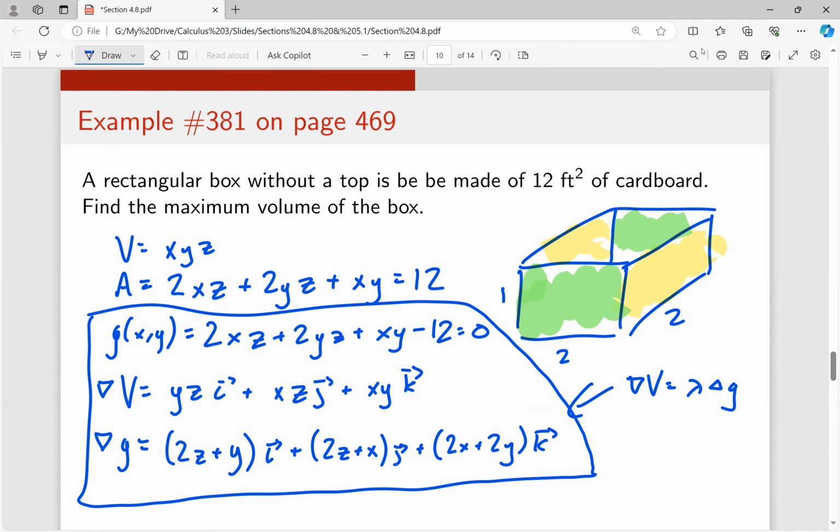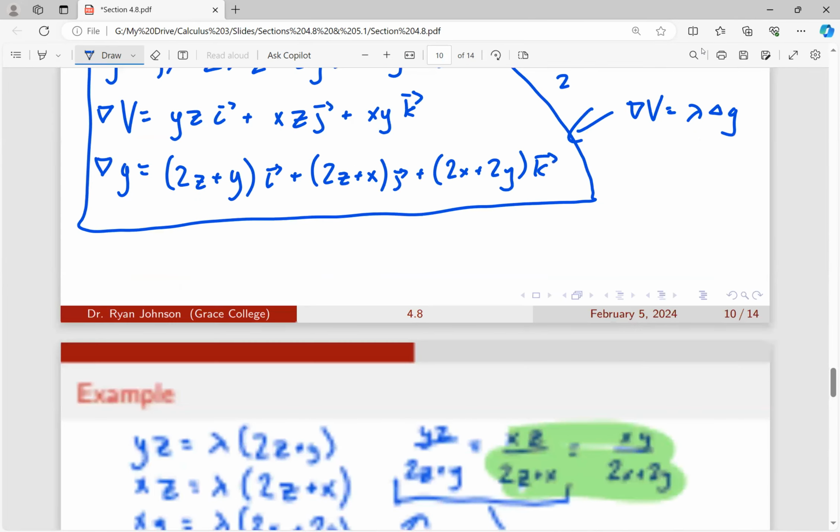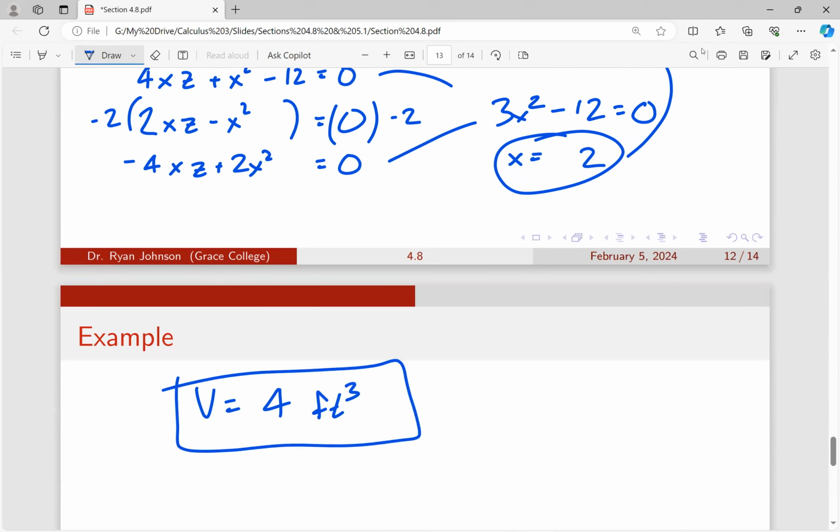And so yes, a box that's 2 by 2 by 1 will use 12 square feet, and it'll hold 4 cubic feet. So then our final answer is volume equals 4 feet cubed, which actually shows the answer in the back of the book said 2.0, and that is incorrect. So the book is not always right, which is a sad reality. But that is our last example from this section.